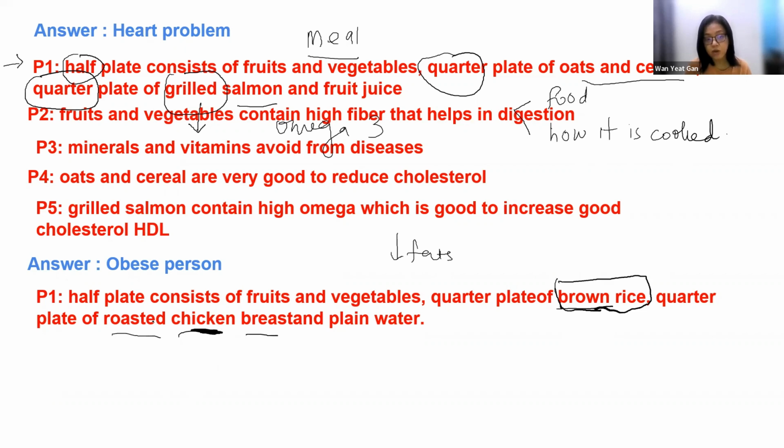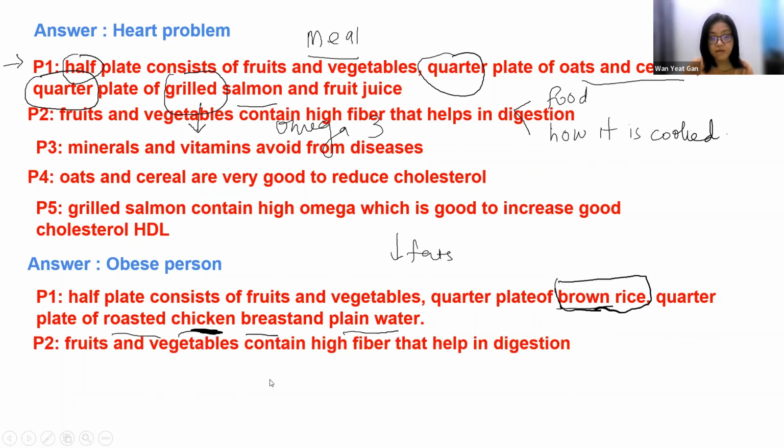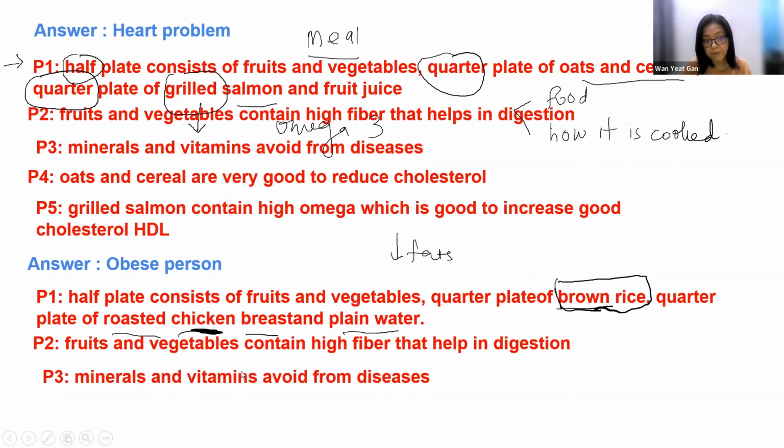Roast chicken also contain less oil, and of course he is encouraged to drink plain water and not sweet drinks. Fruit and vegetable contain high fiber that helps in digestion. So now you explain the reason why you suggest all the different type of food.